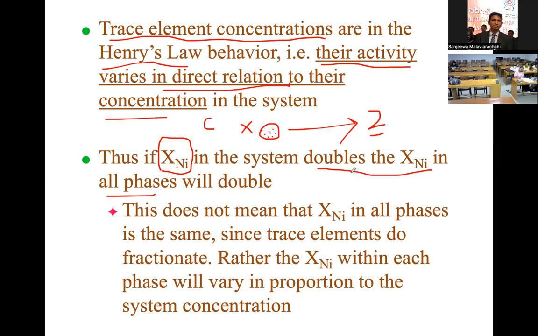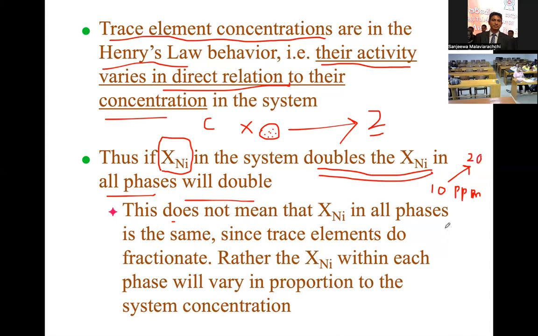So as a result, it should double the concentration of nickel in all the phases. Doubling doesn't mean that if you had 10 ppm in your system, and the geological process made it double, whatever the process is, it should now be 20 ppm.